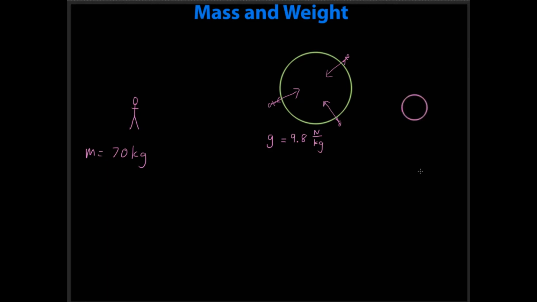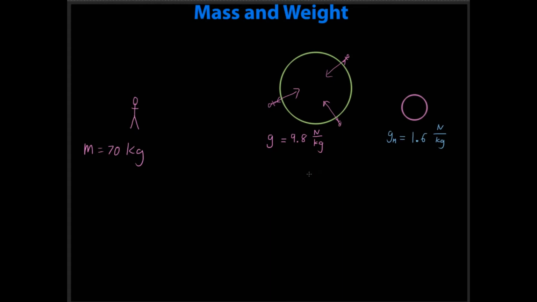If you were on the moon, I'll put g_M for moon, it is about 1.6 newtons per kilogram. So let's take our man who has a mass of 70 kilograms and let's find out how much he weighs. How much he weighs by definition is how much force Earth pulls on him with.